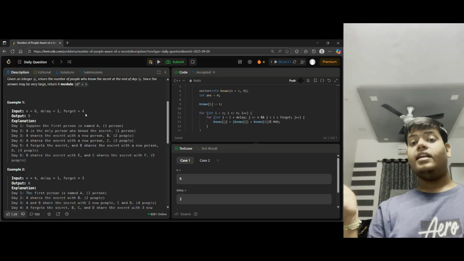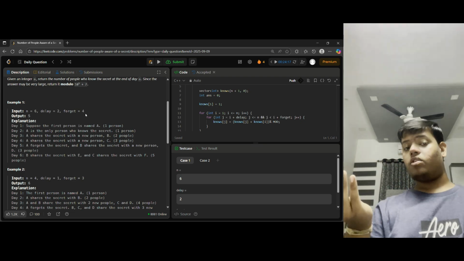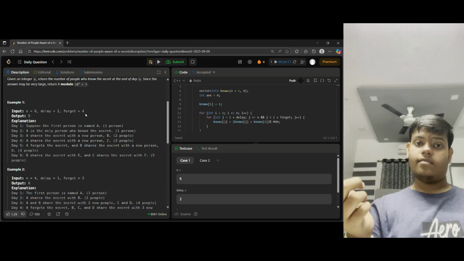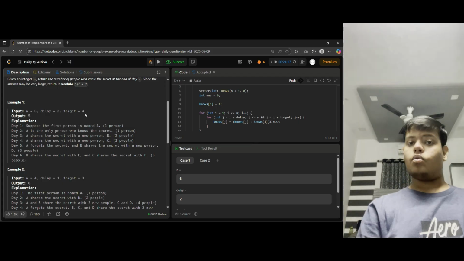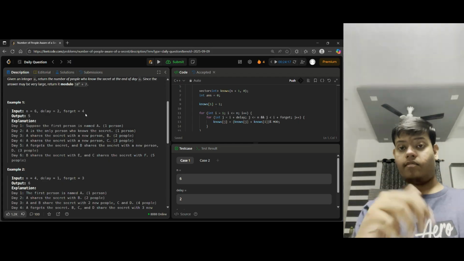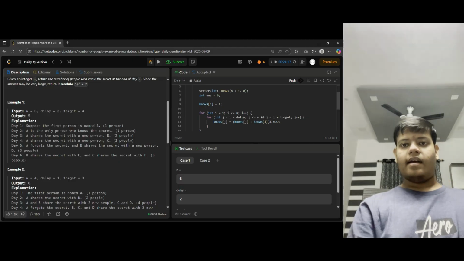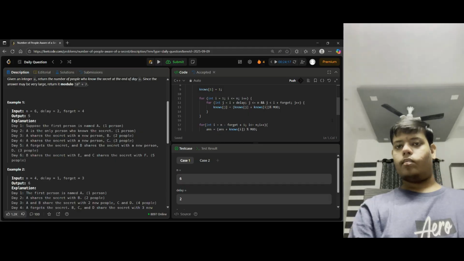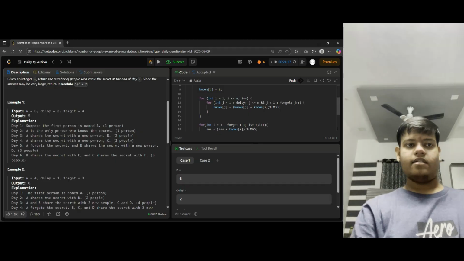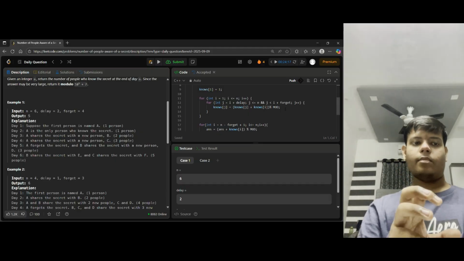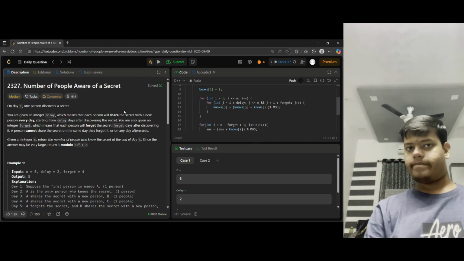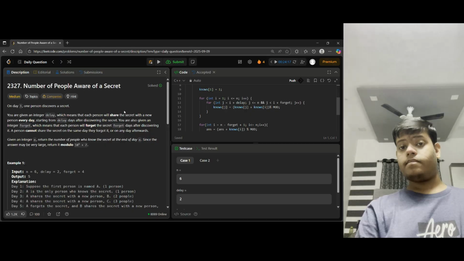Basically i plus delay and i plus forget both can go out of bound, so we have to check particularly that j is less than or equal to n. Only then we are going to calculate. And since they have told us to do modular arithmetic, we take modulo 10⁹ plus 7.